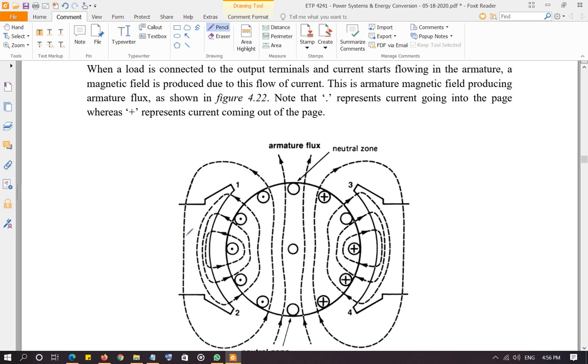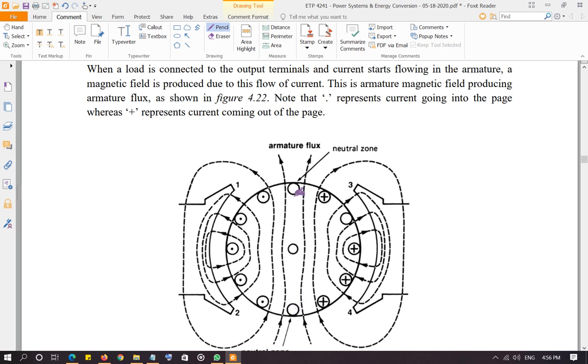So observe this. You have a north and a south, and this is the electromagnetic flux pattern. Observe that there is no flux that is linked with these two coils. This is the center of the armature, and these are two coils. When there is no flux linked with those coils, there will be no voltage induced in those coils.